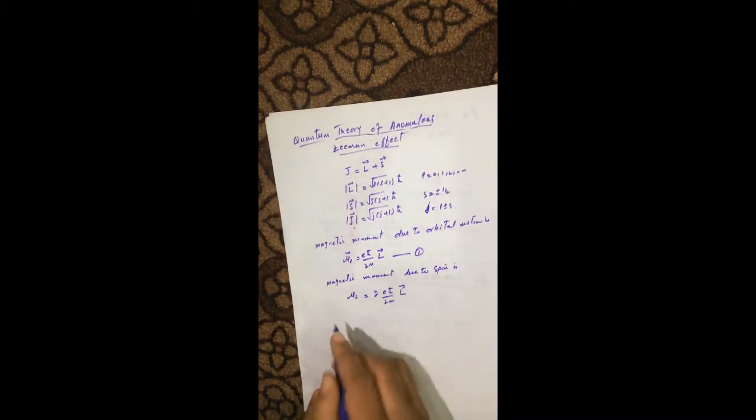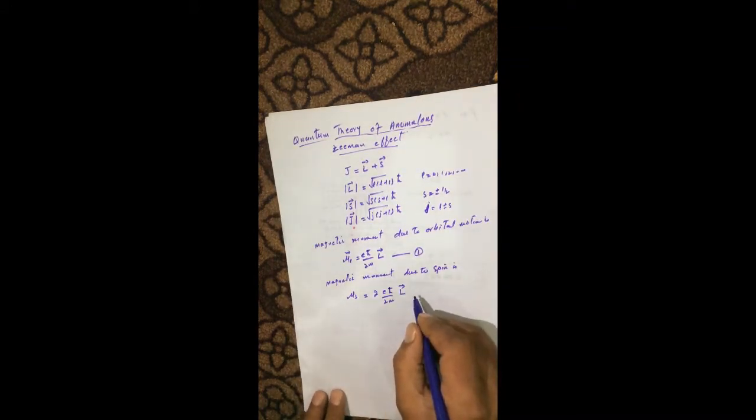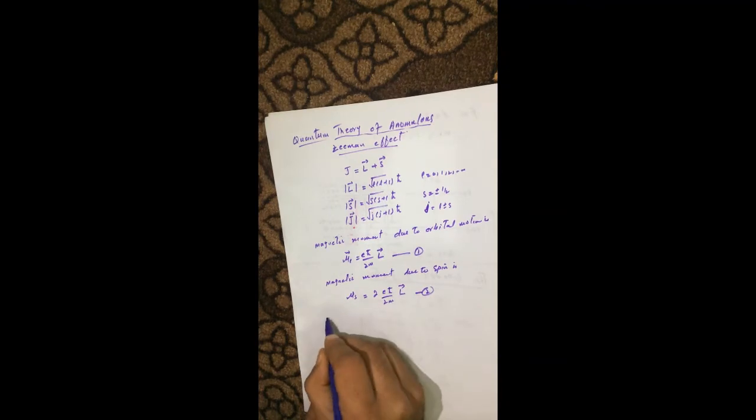And similarly, the total magnetic moment, this is equation 2.